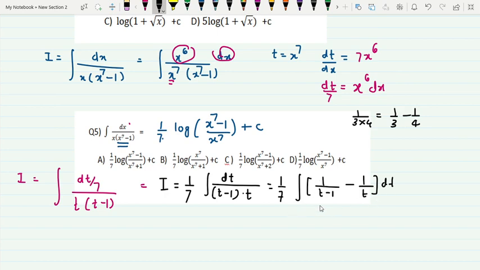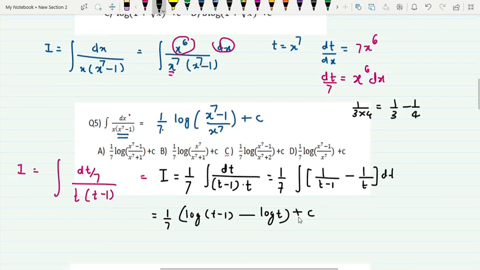Now integral dt upon t minus 1 is log of t minus 1. See here it is 1 by 7 log of t minus 1. Then this is dt upon t is what? Log t, and plus c.